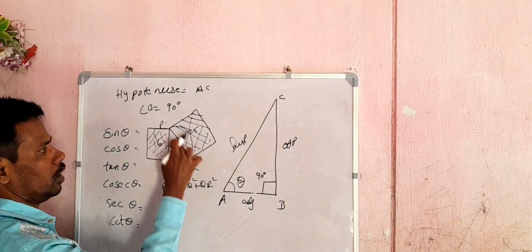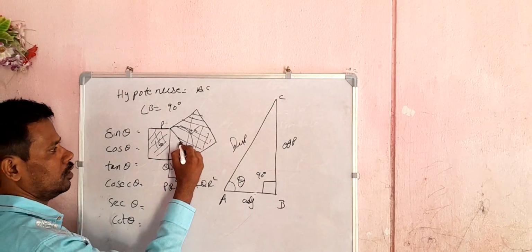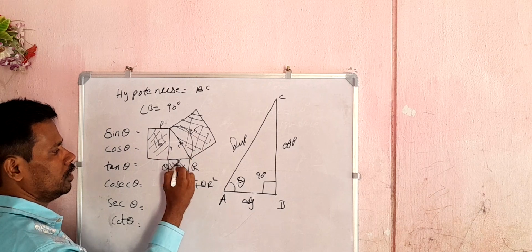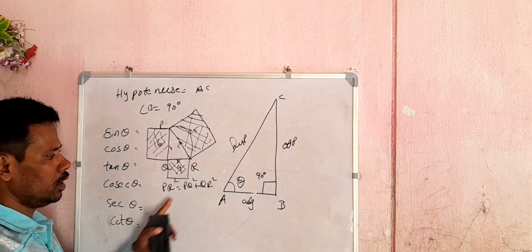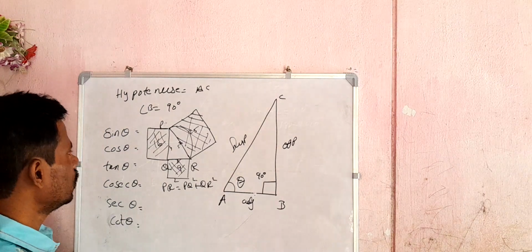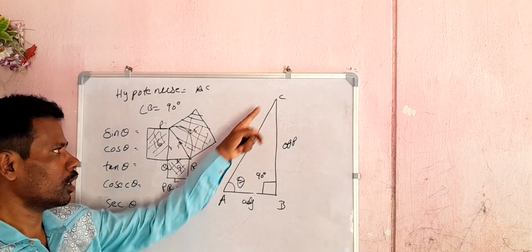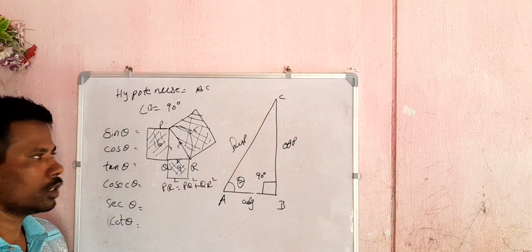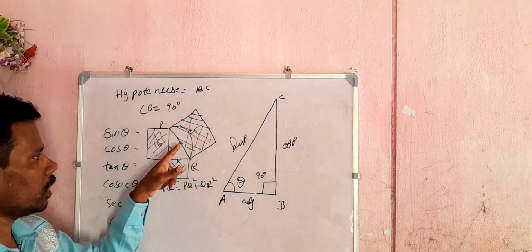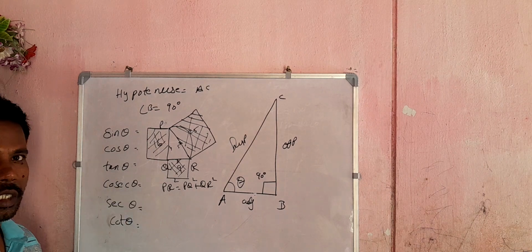So the square on the hypotenuse is equal to the sum of the squares on the other two sides. That means if this is 5, this is 4, this is 3, then 5, 4, 3 are the sides and this is the equality. So once again, the square on the hypotenuse is equal to the sum of the squares on the other two sides.